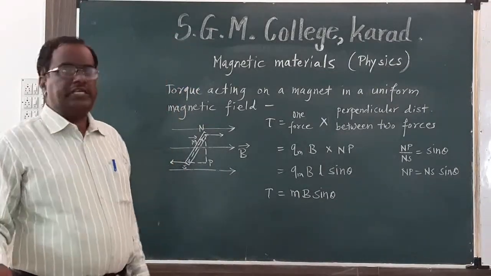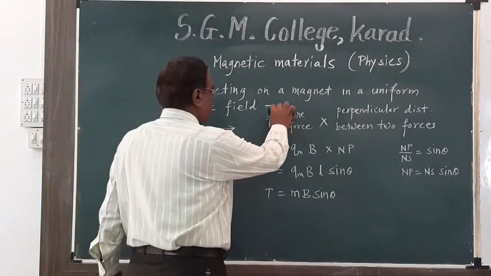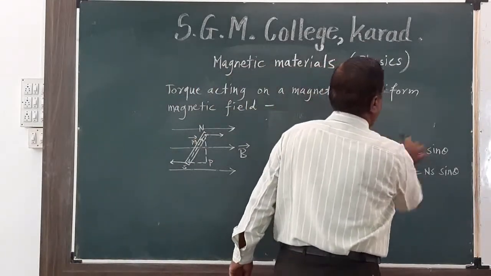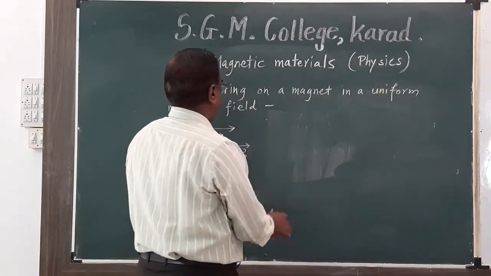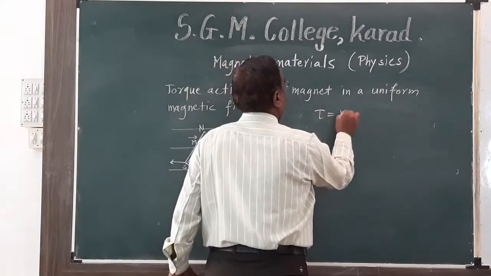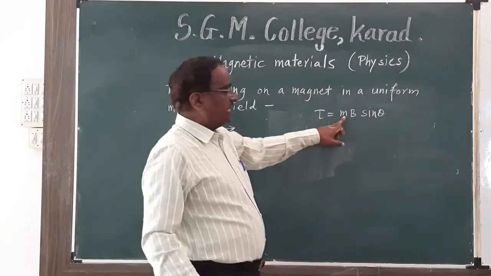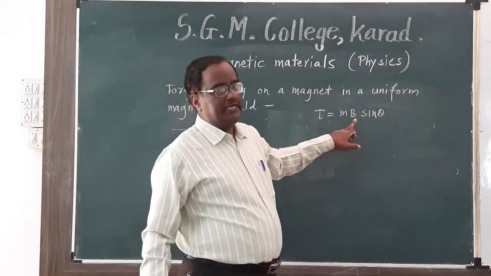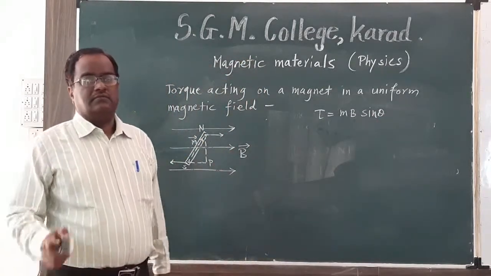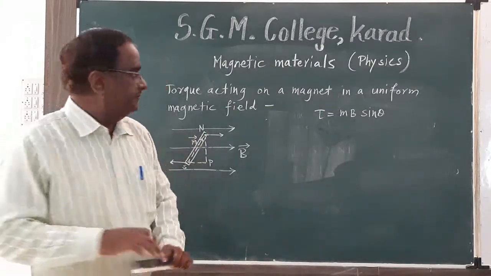Now we will find potential energy of the magnet. First remember the magnitude of the torque is given by formula tau equals m B sin theta, where m is magnetic dipole moment, B is induction of the magnetic field, and theta is angle between induction magnetic field and magnetic dipole moment.